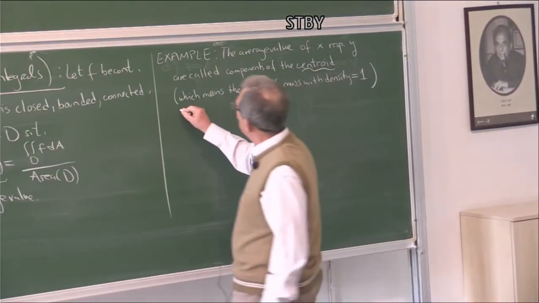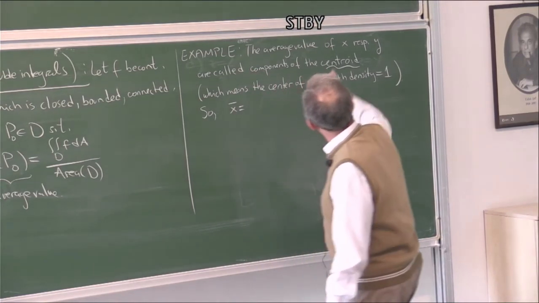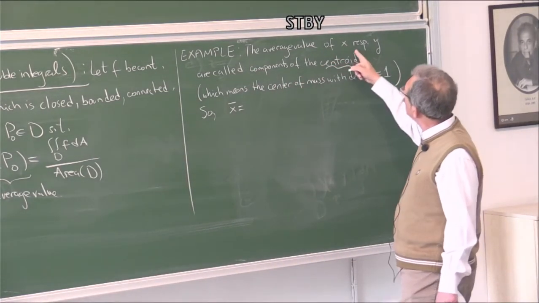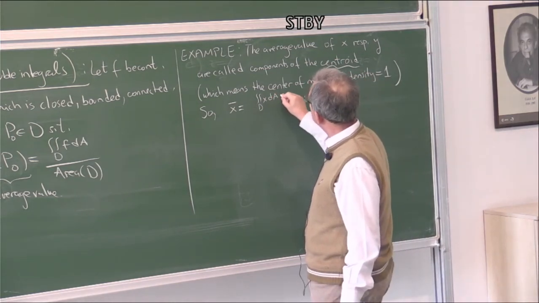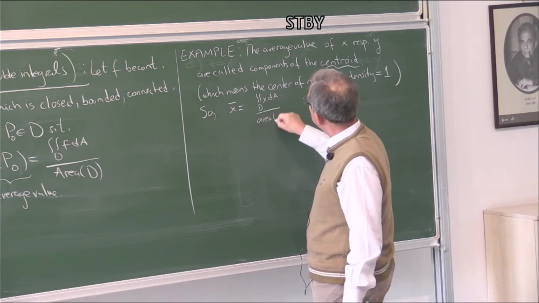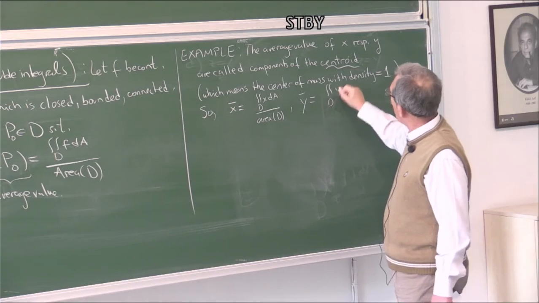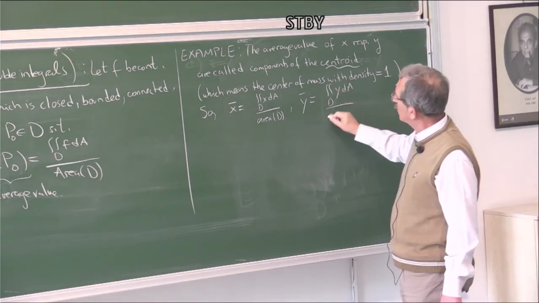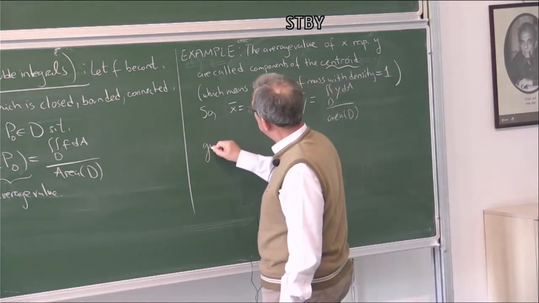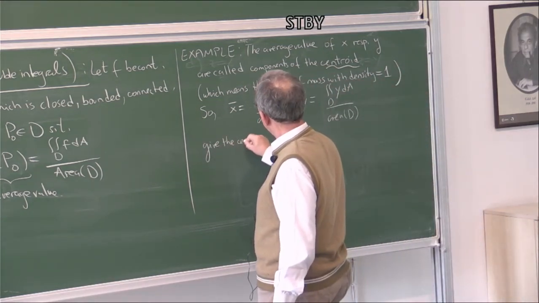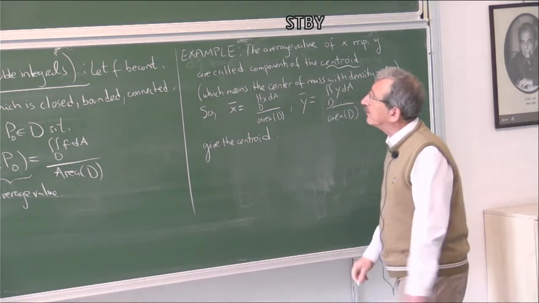So x bar, which is the average value with respect to x, is the integral of x dA divided by area of D, and y bar, which is the integral of y dA divided by area of D, give the centroid. This is the definition.